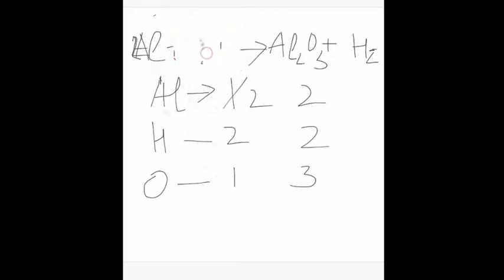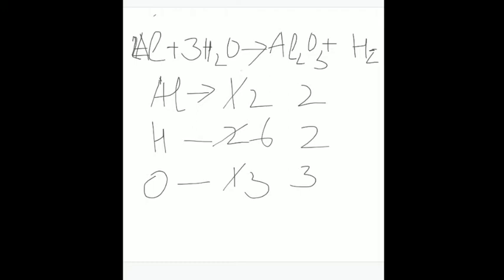Write it a little clearly now. Then H2 becomes 6 and oxygen becomes 3. So please do all the balancing first with a pencil, and then when you have balanced it, write with a pen. Is it clear? This becomes 3.